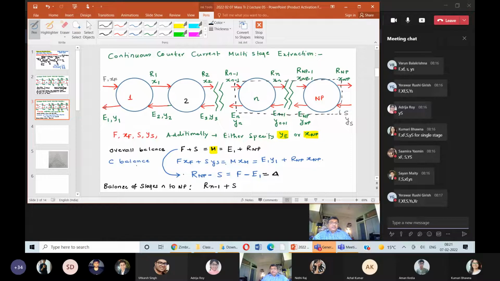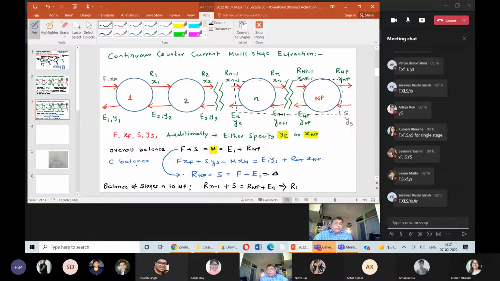This delta is very, very crucial. You will soon understand that. So here we can write Rn minus 1 plus S is equal to RNP plus En. Right? This I am sure all of you can understand.